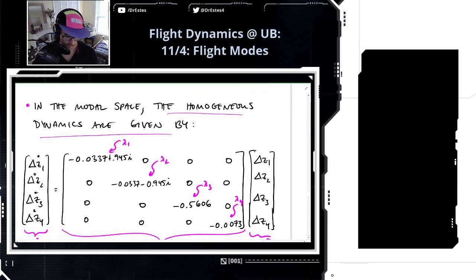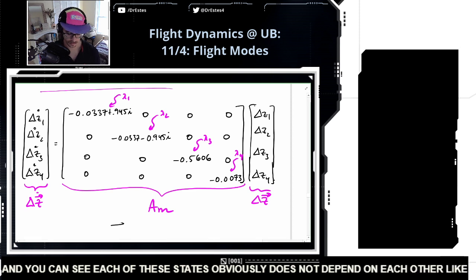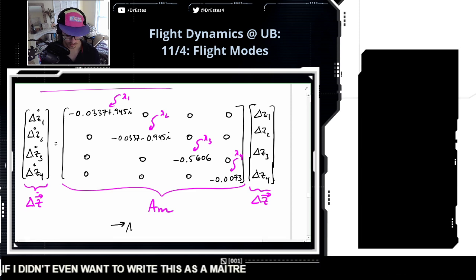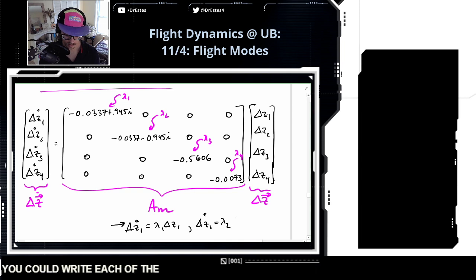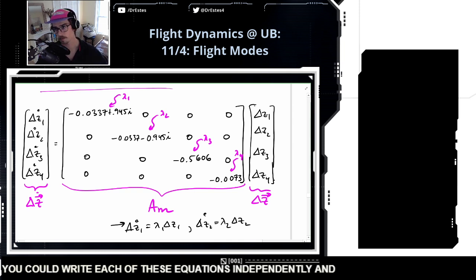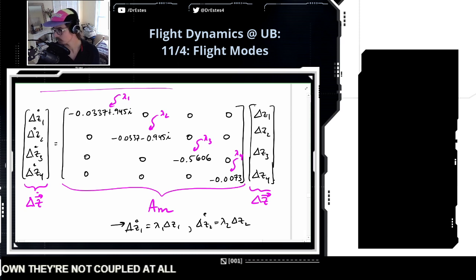And you can see each of these states obviously does not depend on each other. Like, if I didn't even want to write this as a matrix, like delta Z1 is just lambda 1 delta Z1. You could write each of these equations independently and integrate them on their own. They're not coupled at all.